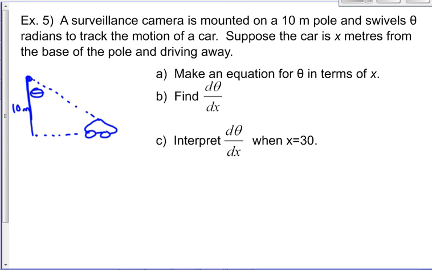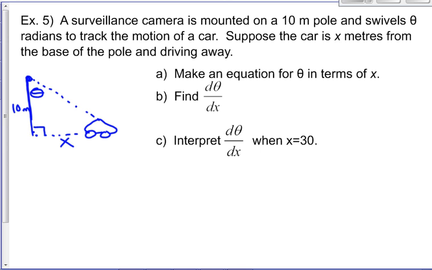If the car was right at the pole, then theta would be 0, and then it gets bigger and bigger. We'll assume that the pole is straight up and down, it's vertical, and that the road is flat. We're going to make an equation for theta in terms of x. So the last question here is, where does x go? The car is x meters from the base of the pole, so this side here must be x.